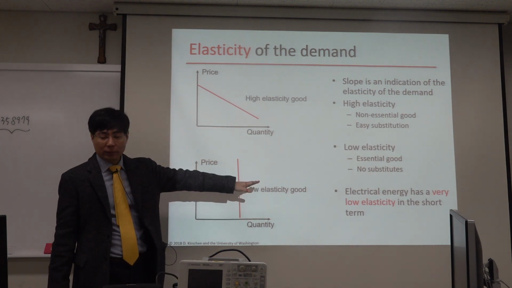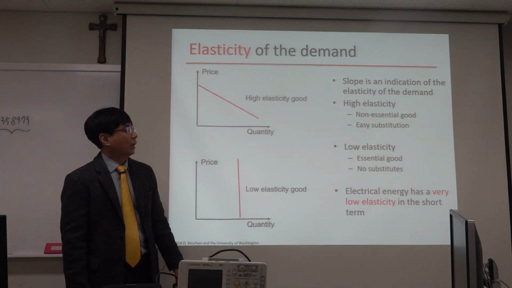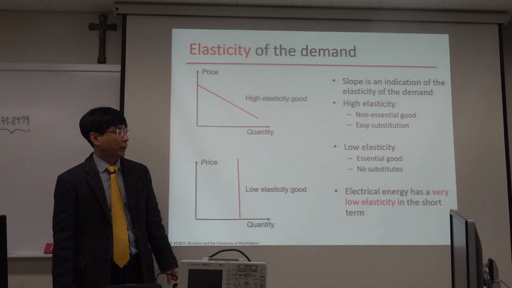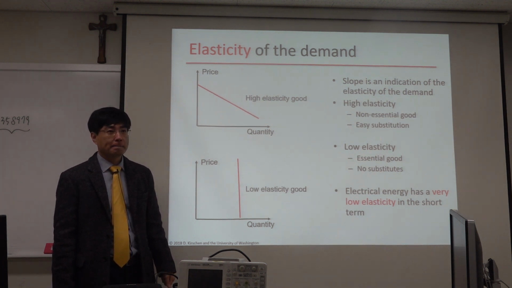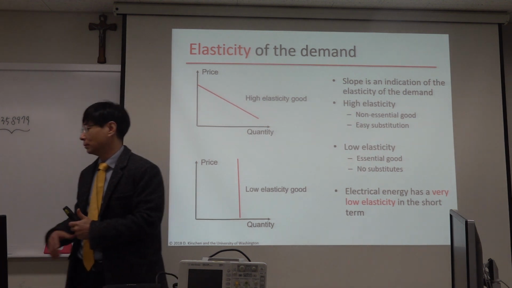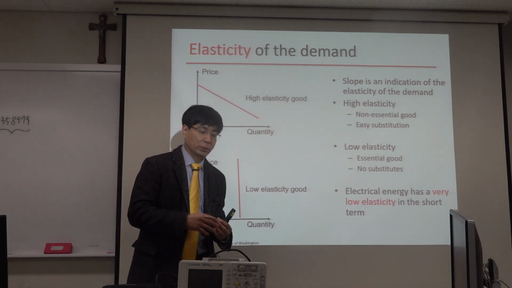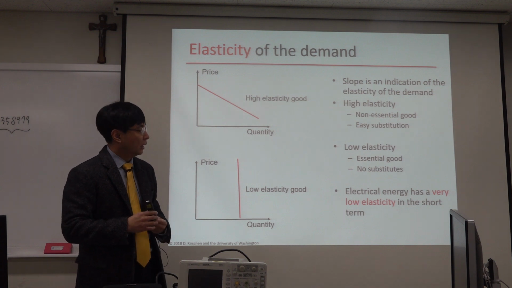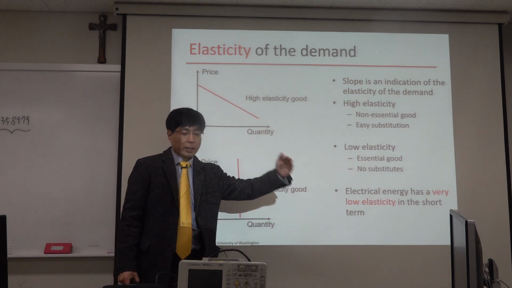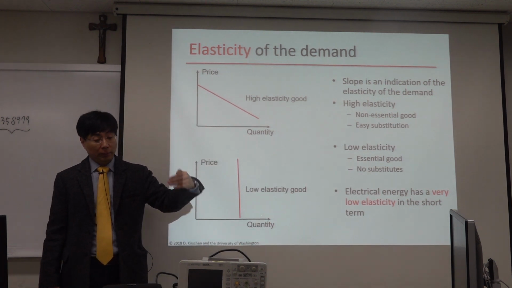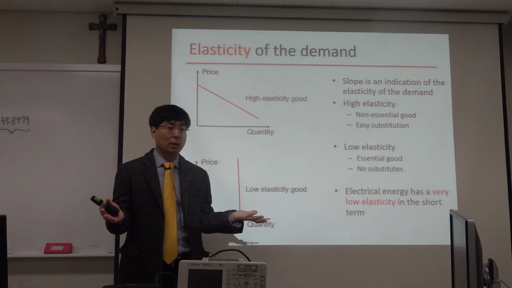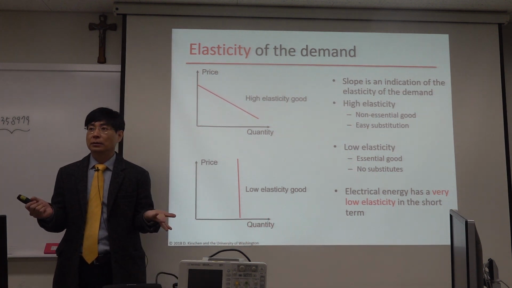And electrical energy has a very low elasticity because of course nowadays we have many power sources, so you have other substitutes, but typically even though the price changes, people still need to consume some amount of electrical energy.